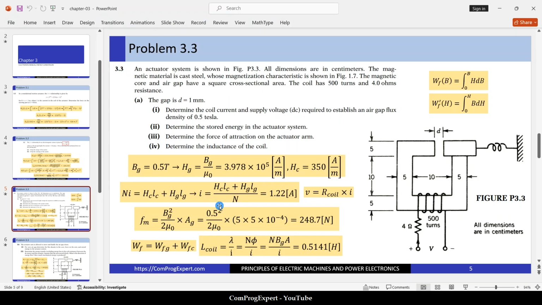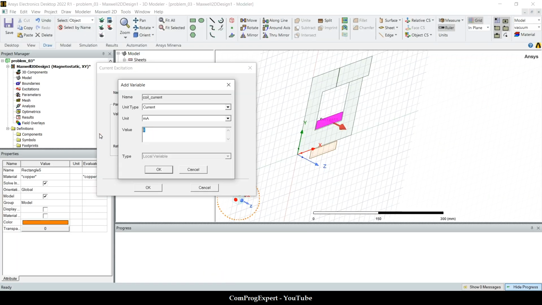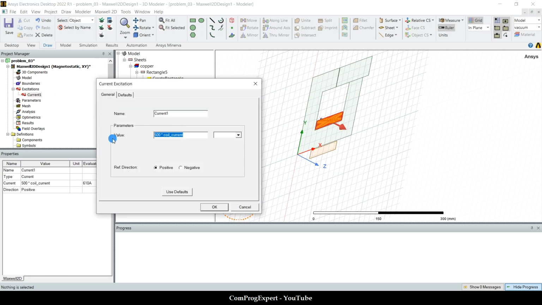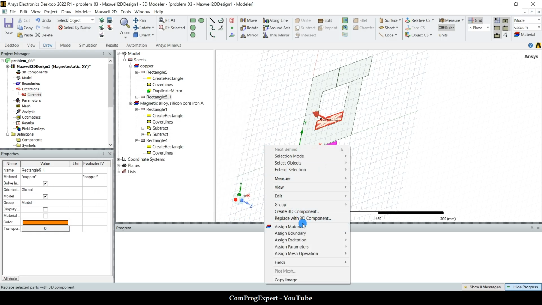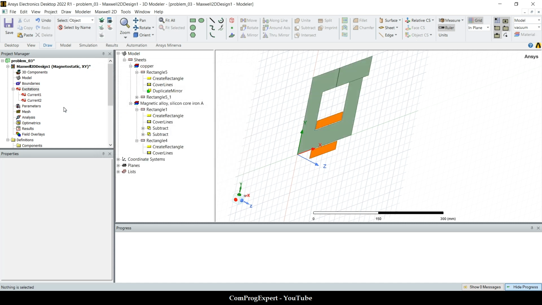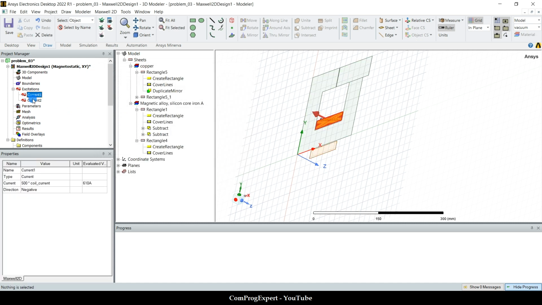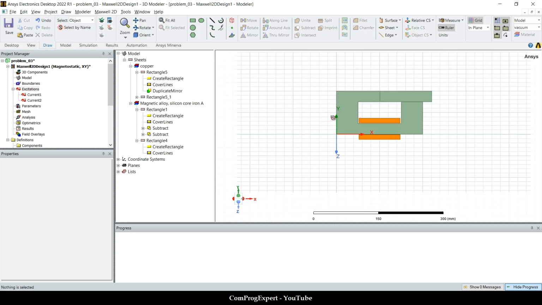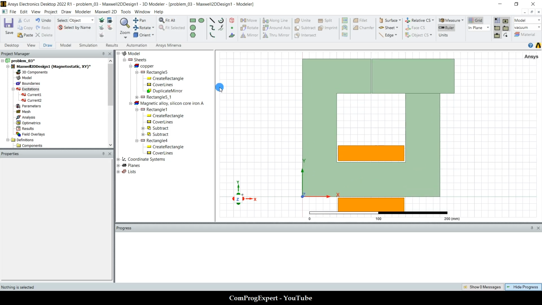I calculated the coil current here, 1.22 amps. We will discuss it later for problem 3. And for the other one, this is the direction of the current, out of the paper. For this one, assign excitation. So we defined the excitation, we set the material.